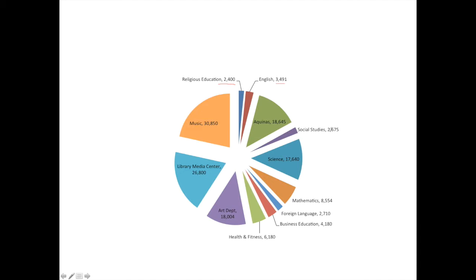English department, $34.91. Music department, $30,850. Library, $26,000. Art department, $18,000. Fitness and health, $61,000. So you get the general idea that there's some larger dollars, and you would say, well, wait a minute, how come music gets this and religious education only gets $24,000? Does that mean we value it less?